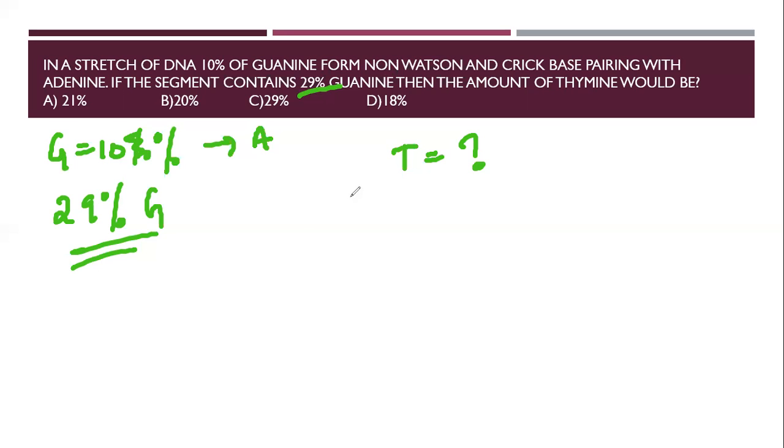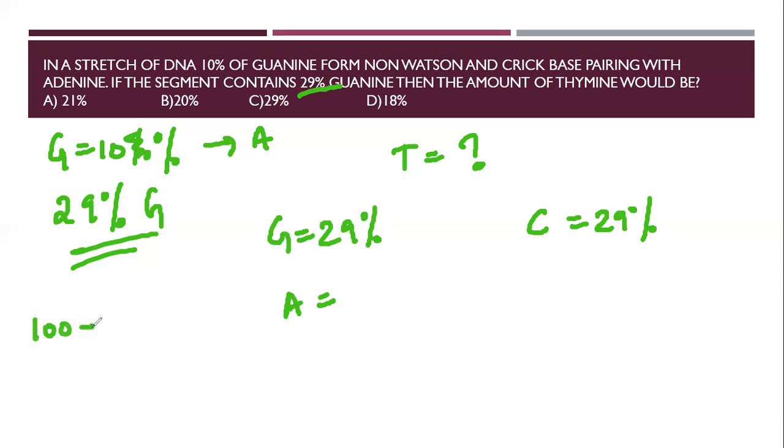So if G is 29%, how much is C? 29%, correct? Or how much is A then? 100 minus 29 minus 29, how much is it? This is 58, so 42. So half will be 21.